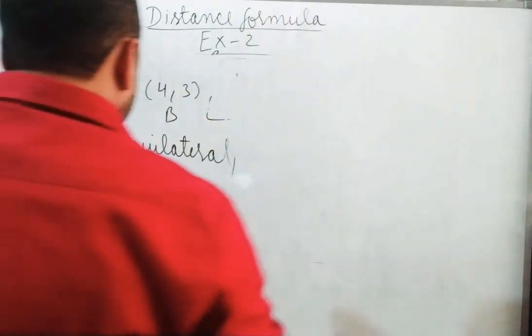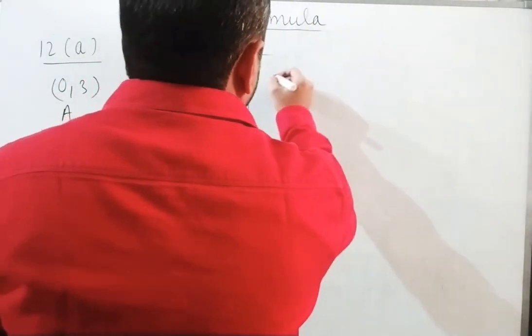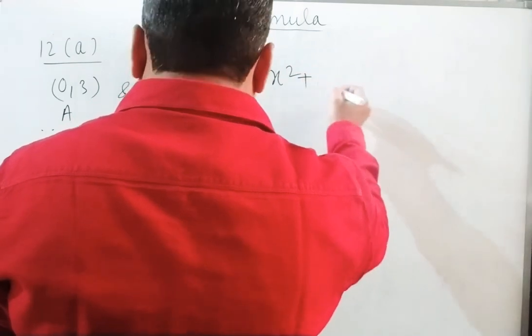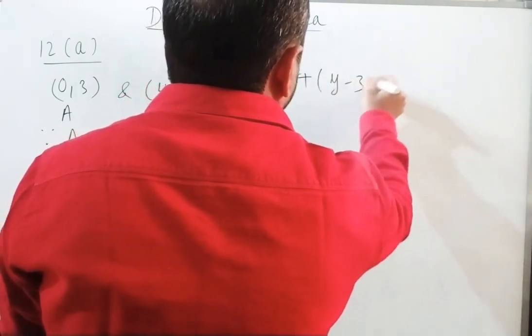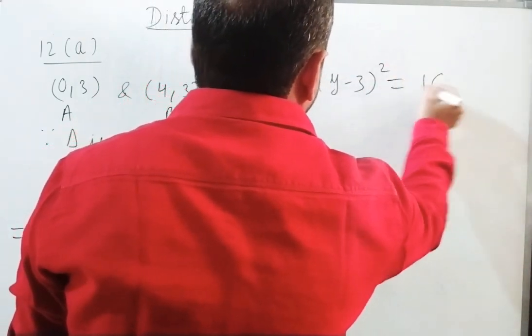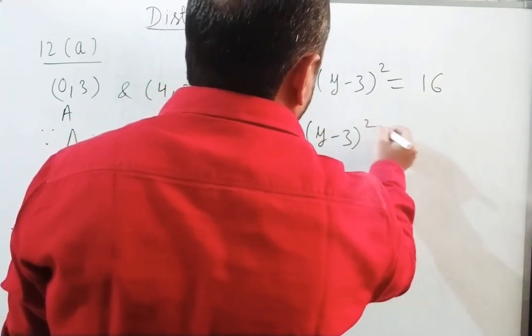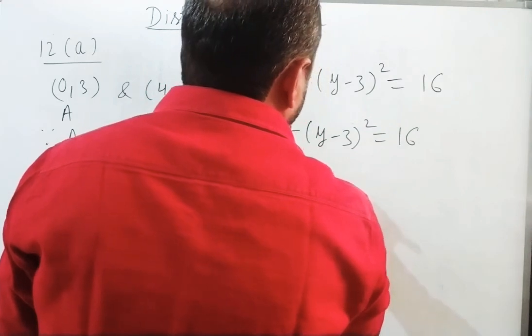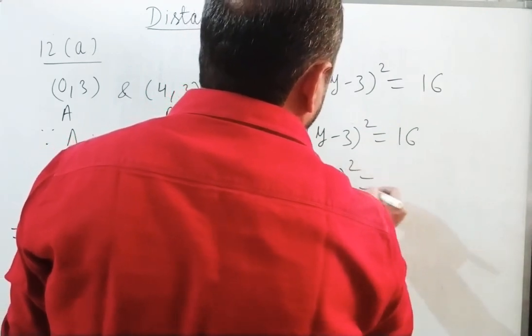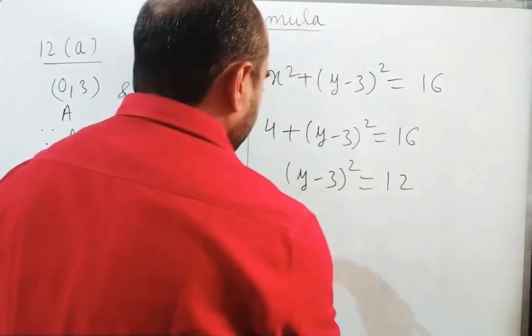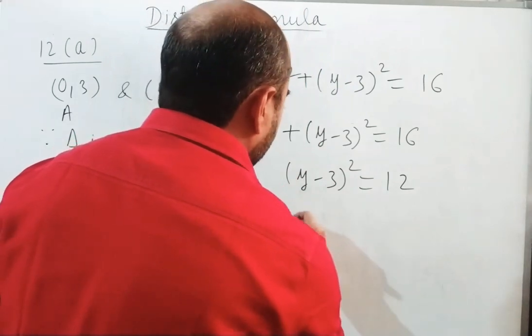So x square plus y minus 3 whole square is equal to 16. X is 2, that is 4. So y minus 3 whole square will be 12.